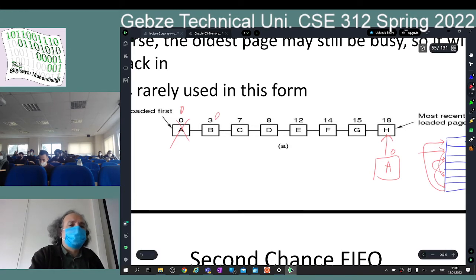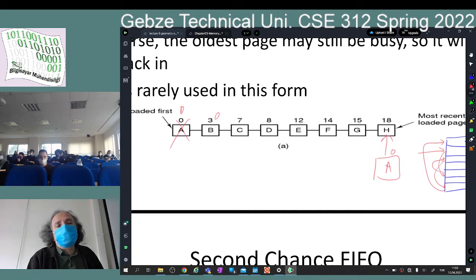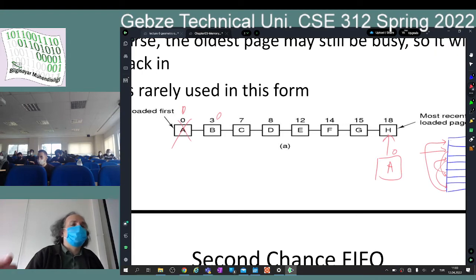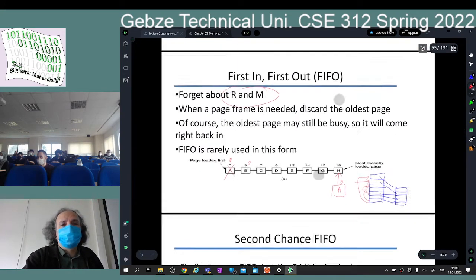If the R bit is 0, then I will replace this one. So we are kind of giving the page a second chance to get to the beginning of this list. And if the next time I see this A, its R bit is again 0, then I will replace it. If the R bit is 1, of course I am going to keep it.